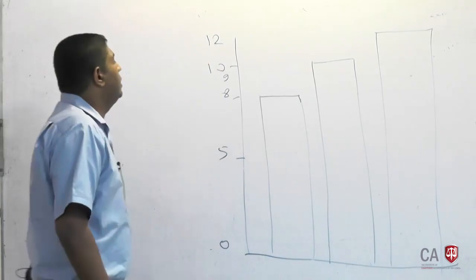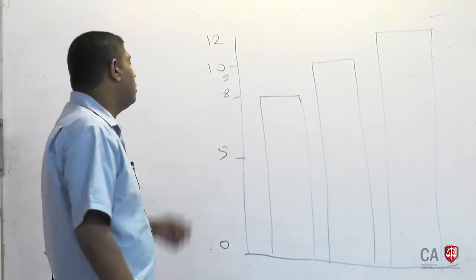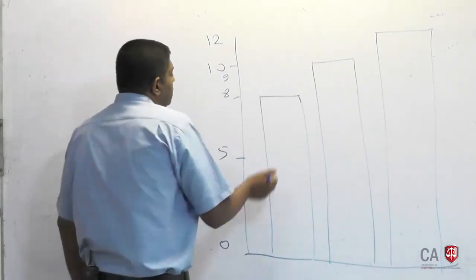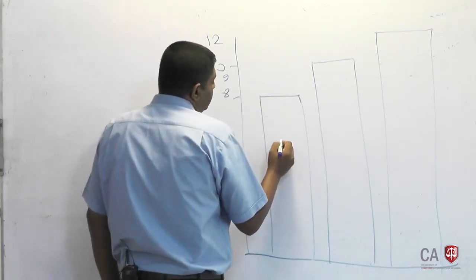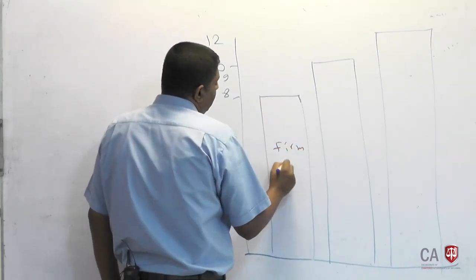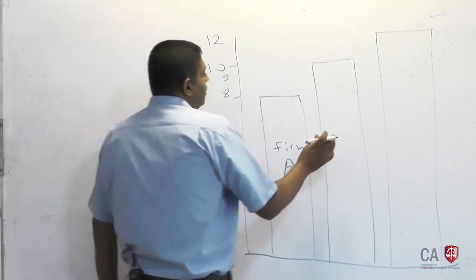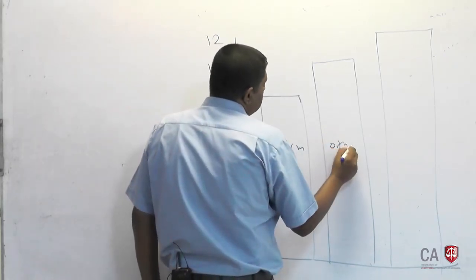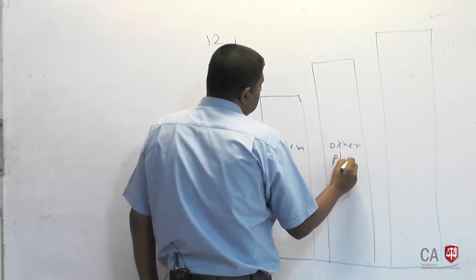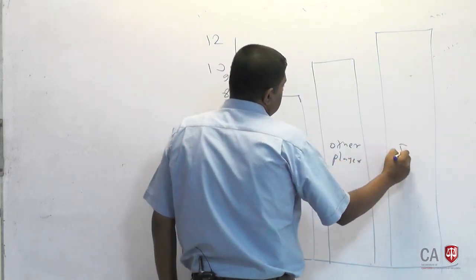If you are applying cost leadership, say your cost will be 8. Firm A is applying cost leadership, and say others, the other players, is firm B.